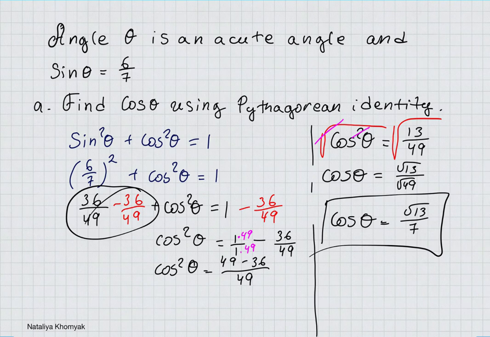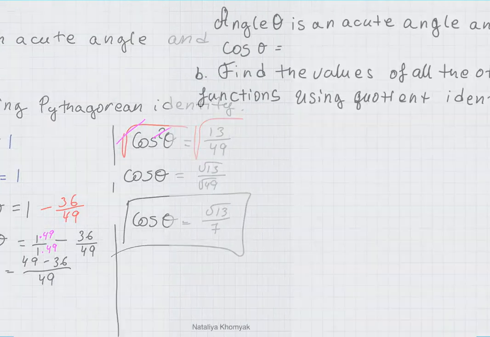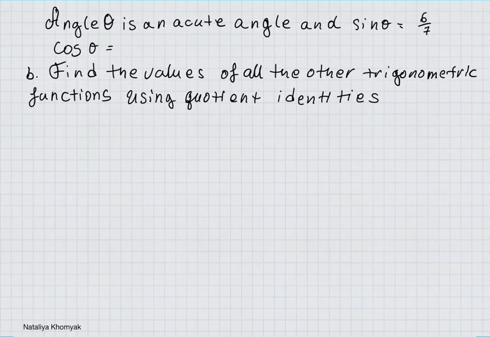So let's do the second part of the problem. And I'm just going to copy here the solution we got for cosine of theta, which is radical 13 out of 7. Now we have to find values of all the other trig functions using quotient identities. If you know what sine of theta is, you immediately know what cosecant of theta is.